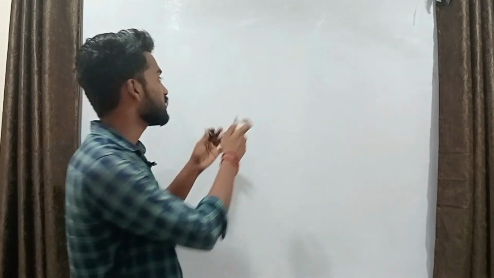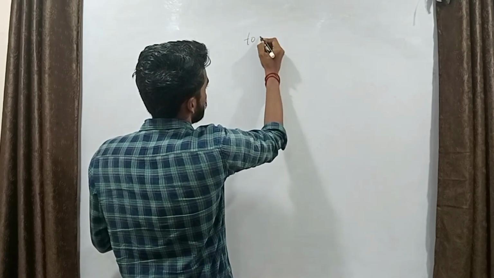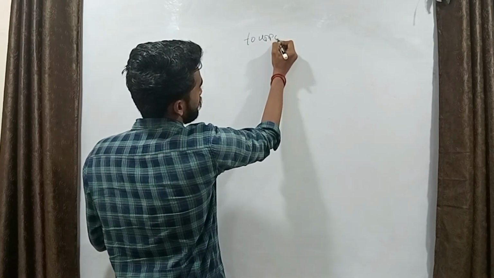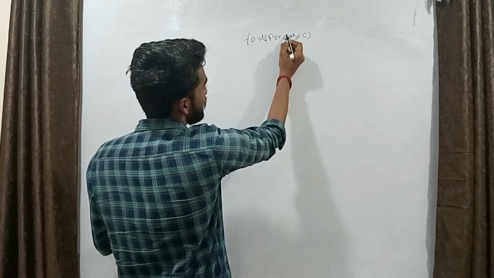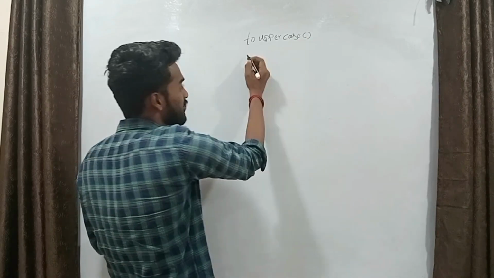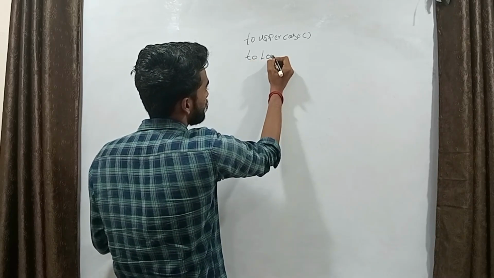First, toUpperCase. Here the C should be a capital letter. toLowerCase, where L should be capital.